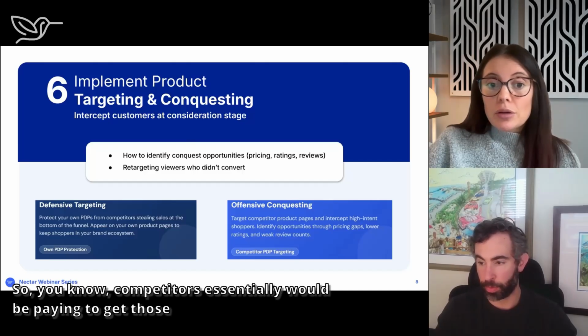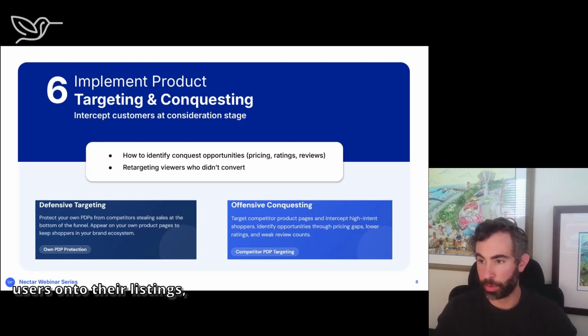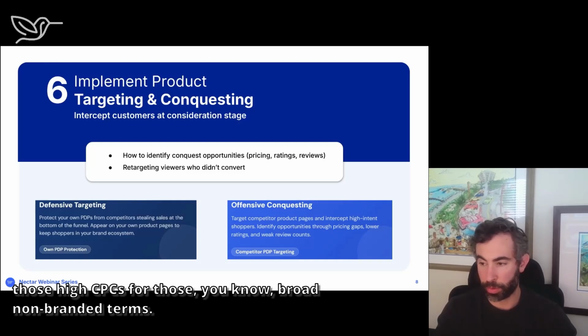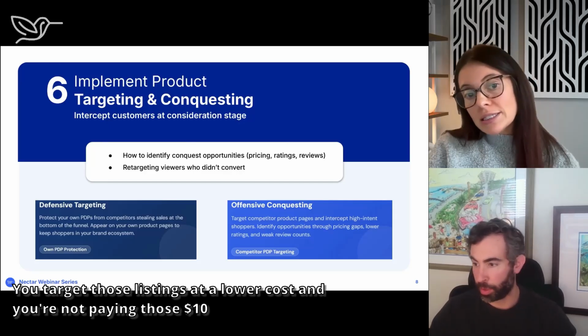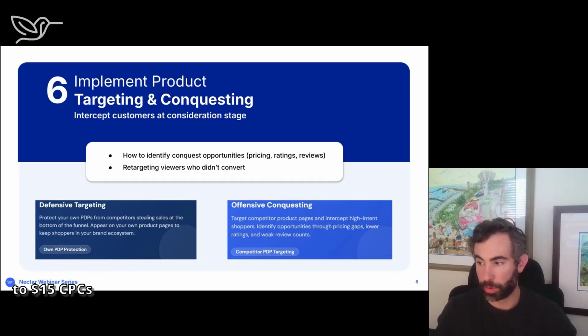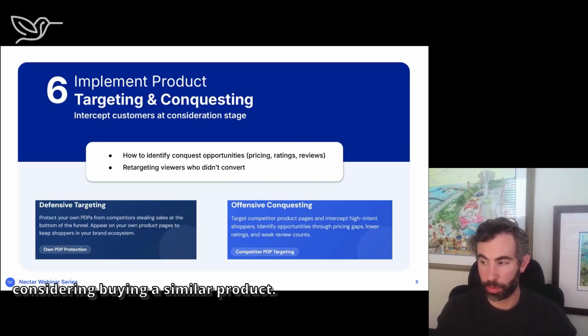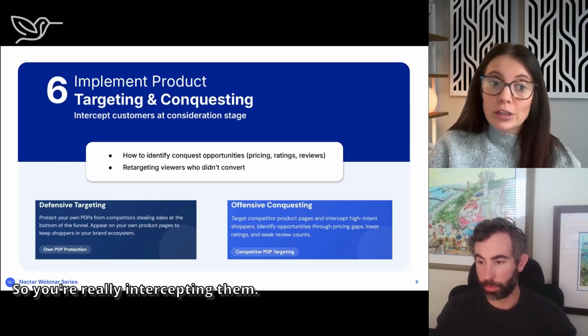Competitors essentially would be paying those high CPCs for broad non-branded terms to get those users onto their listings. You target those listings at a lower cost and you're not paying those $10 to $15 CPCs. Then you're reaching users who are actively browsing and considering buying a similar product. So you're really intercepting them.